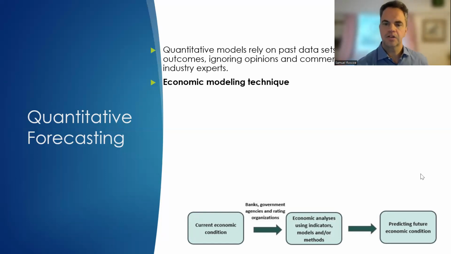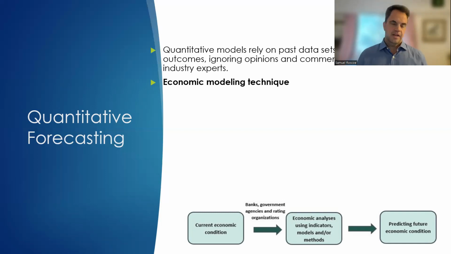Okay. So we have some economic modeling techniques that we can use where we look at the current economic conditions. This tends to be more of a macro approach, where you bring in things like interest rates, you bring in what's going on with regulation, you look at economic analysis using indicators like GDP growth, or decline possibly, in the current economic climate that we're in.